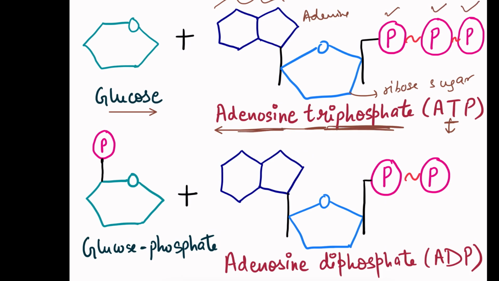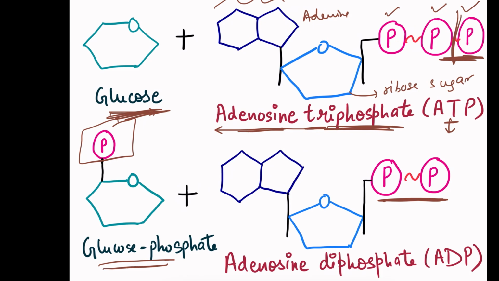What is happening when it is combining with glucose? One of the phosphate groups here dissociates. As you can see, only 2 phosphate groups are left, and that phosphate group is combining here with glucose. So this is an example of exchange reaction forming glucose phosphate, and instead of triphosphate, now only 2 phosphates are left. So it's called diphosphate.